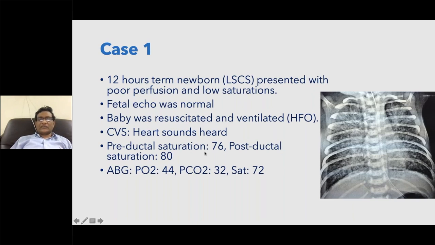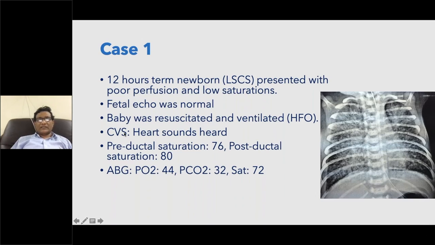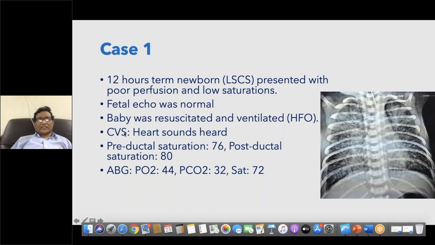Pre-ductal saturation 76, post-ductal saturation 80%, and ABG is this. This is the X-ray. Would anybody like to type your answers? Maybe we can discuss this for 10 seconds. I actually request, can we have some kind of interactive session? So what is this X-ray?